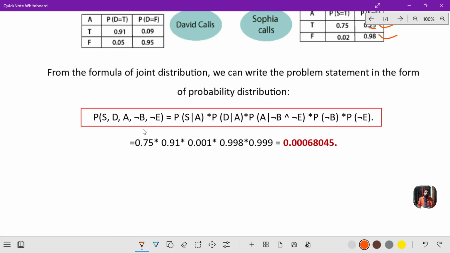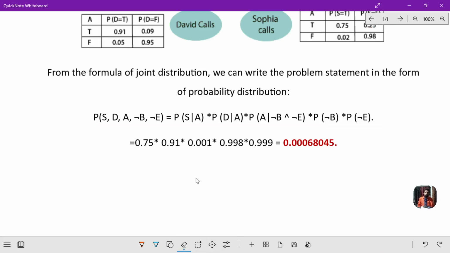That's why we have taken three variables S, D, A and take the negation of B and E, so indirectly we remove these two. Now what is the formula? P of S given A into P of D given A into P of A into P of negation B and so on. Now what do we have to substitute?